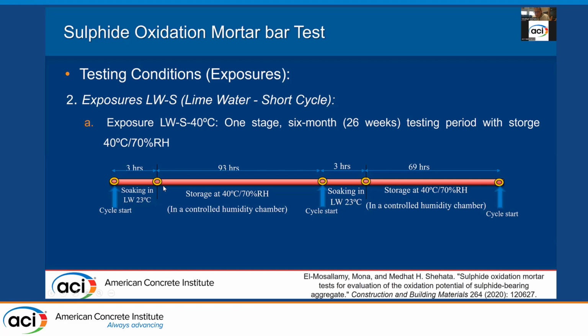So when you store it for 2.5 days or 2 days, the bar actually starts with a relative humidity of 100% and keeps going down to 70, or maybe it will not reach 70.